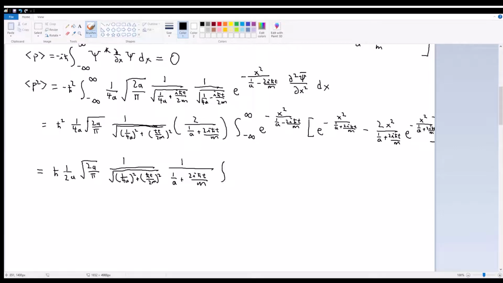And then we have our integral from negative infinity to infinity. And we're going to distribute out these exponentials. It's going to give us e to the negative x squared, and then 1 over a minus 2i h bar t over m, and then plus 1 over a plus 2i h bar t over m, and then 1 minus 2x squared over 1 over a plus 2i h bar t over m.